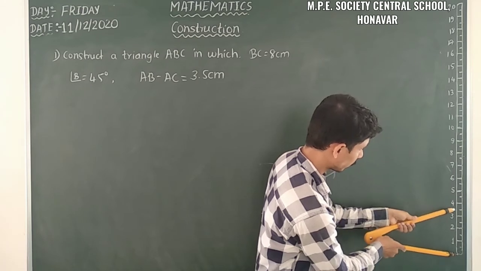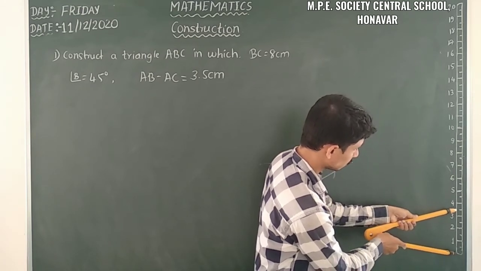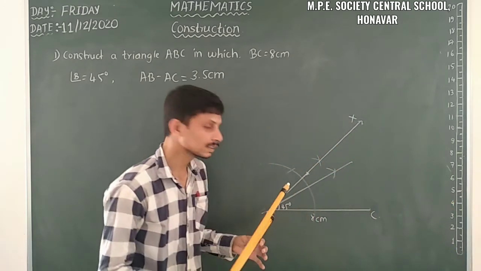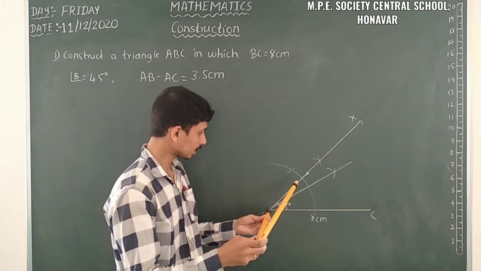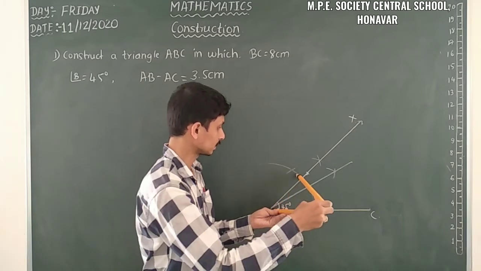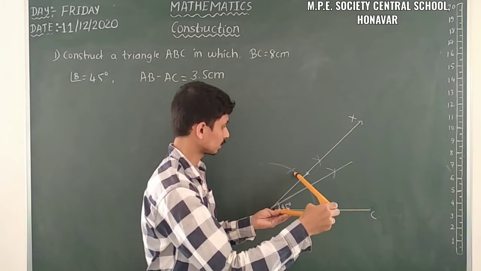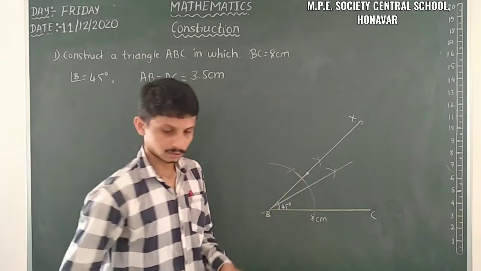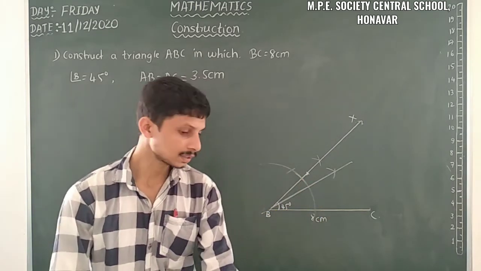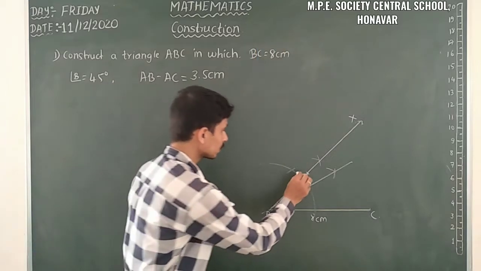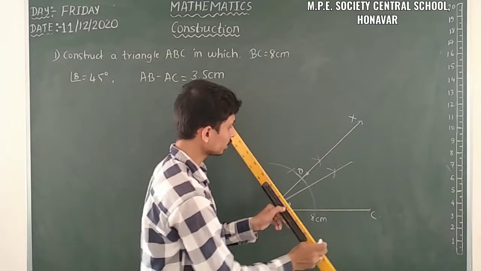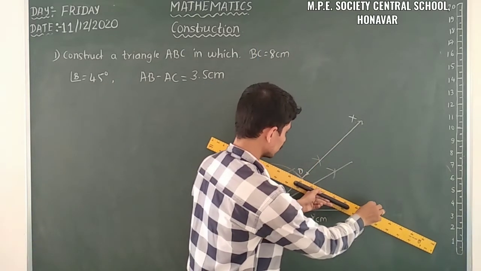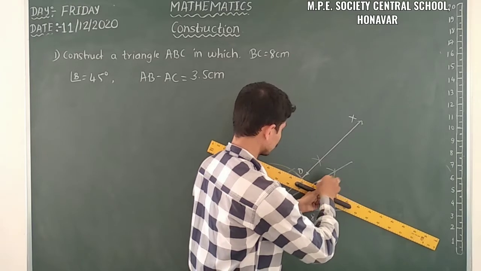Place it on B and then cut the line BX. Here the curve cuts. Then this is the point D. And you have to join this DC.